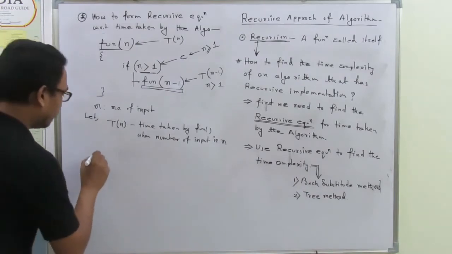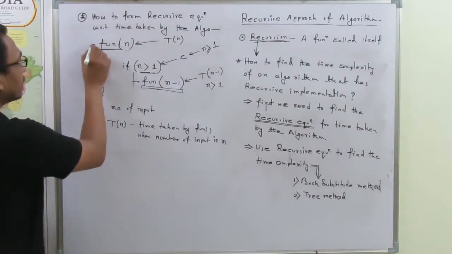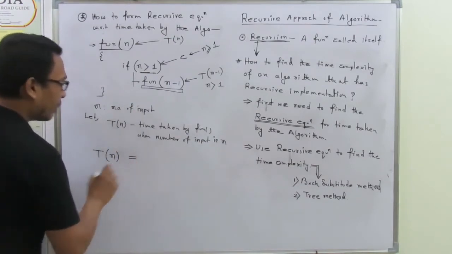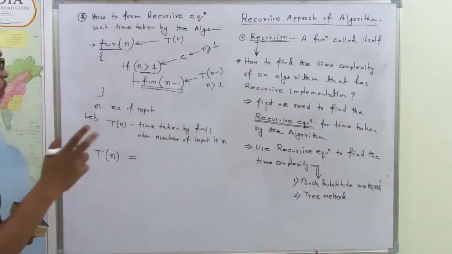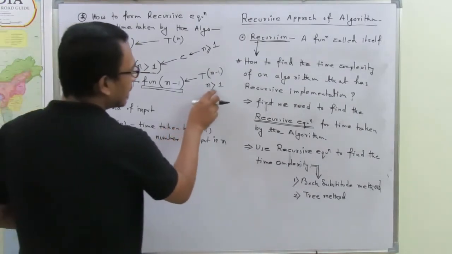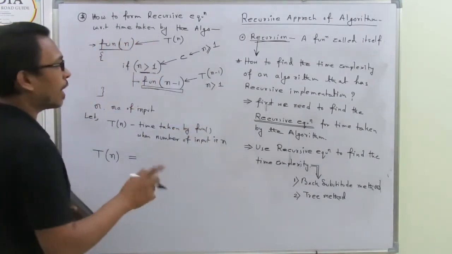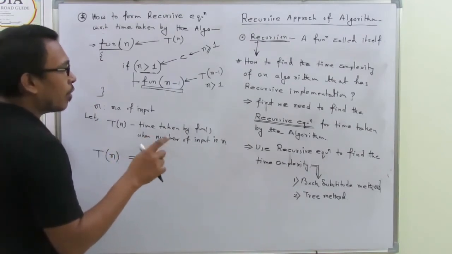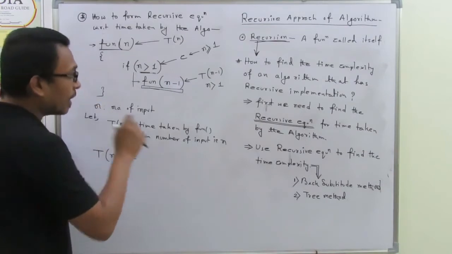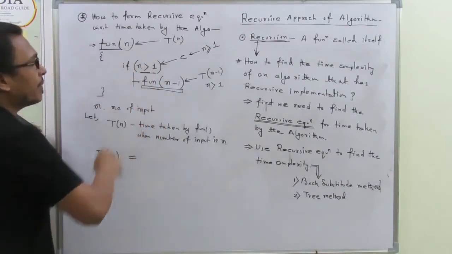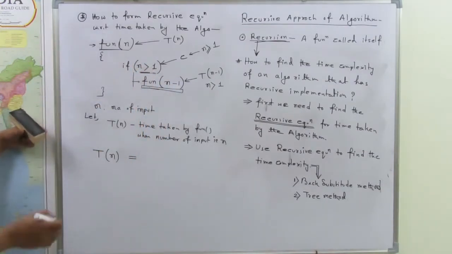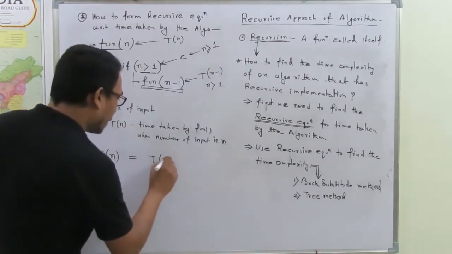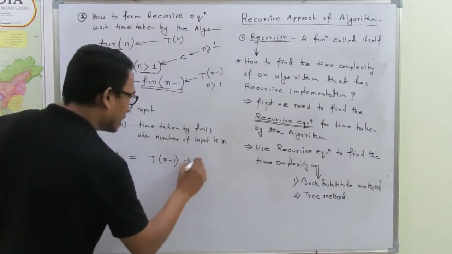So the time taken by this function is T of n. Now T of n equals, we have two cases. When n is greater than 1, at that time this algorithm will take T of n minus 1 time plus c.